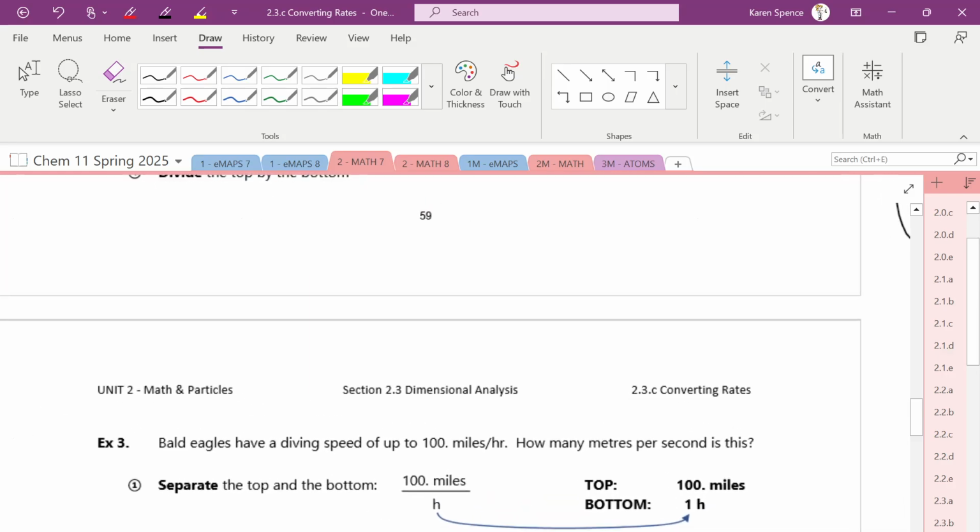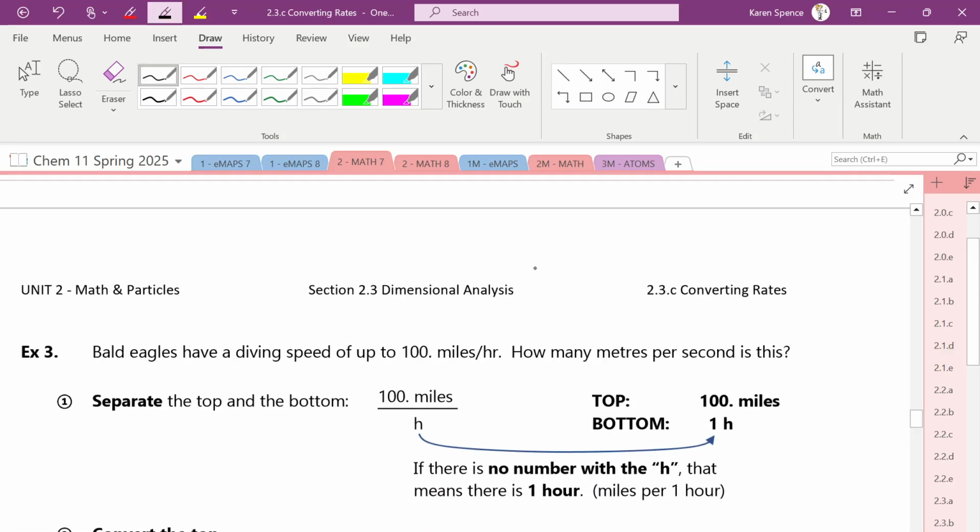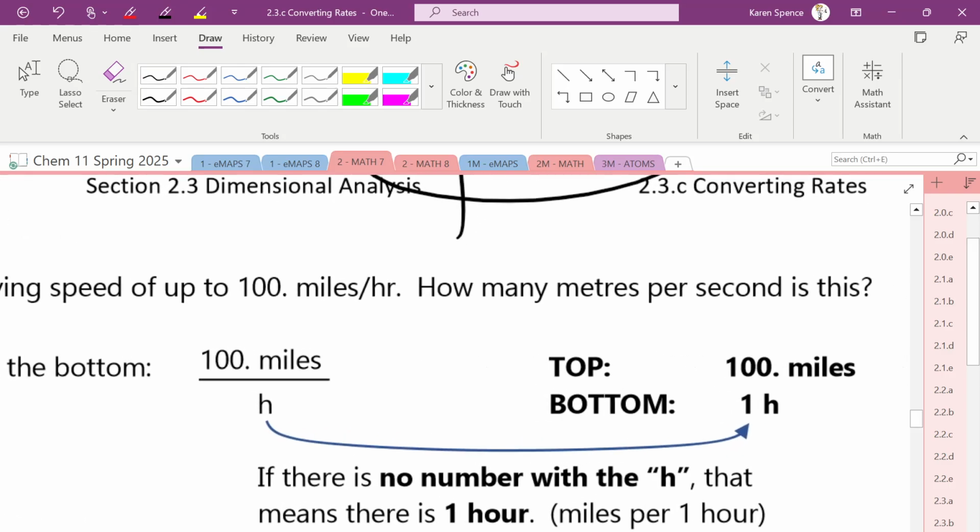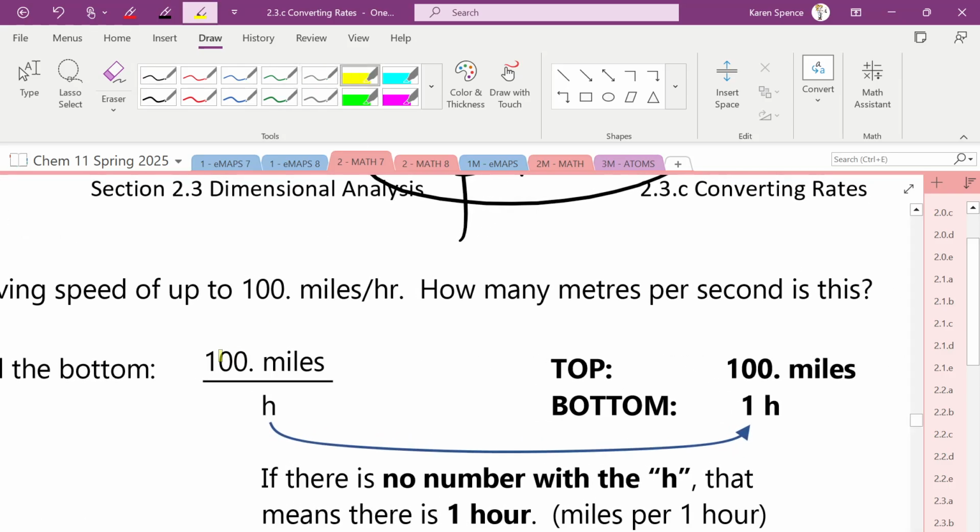This is on page 60. We separate the top and the bottom. So my top is 100 miles, and I have per hour. Now, what does it mean if I have just hour? What number is there with hour? 1 hour.